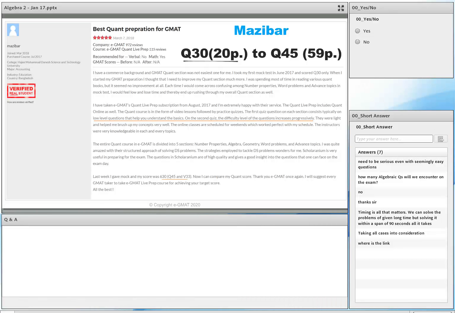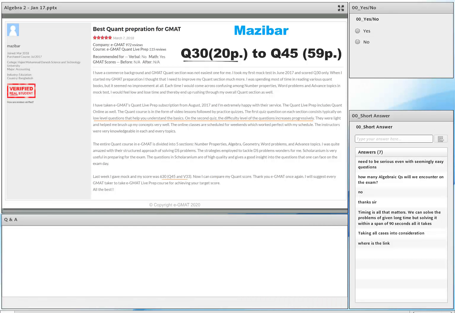In this session, we started off with easy questions so that you have a very good feel and idea of the concepts and the application processes, then moved on to the difficult questions, and you saw even in the difficult questions we used the same concepts as we used in the warm-up questions, maybe in a different approach, but the concepts again remain the same, right? So Mazibar here as well, he understood that fact.